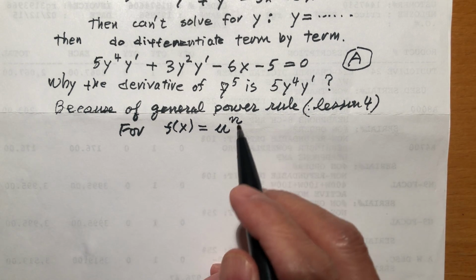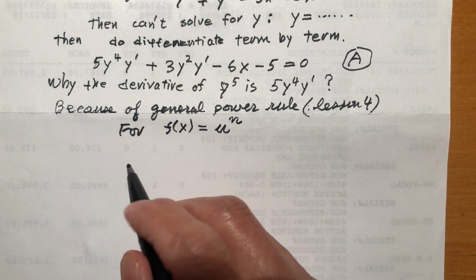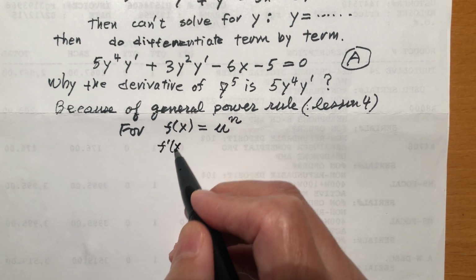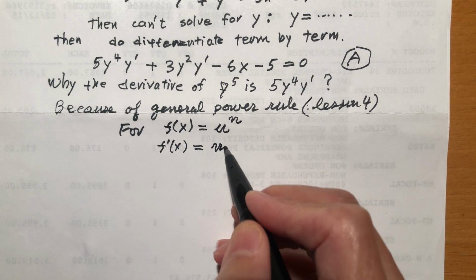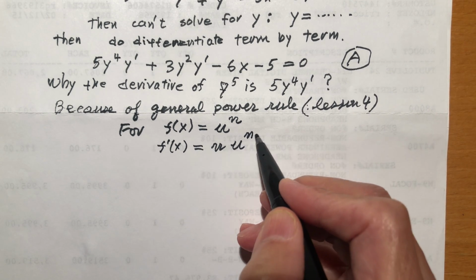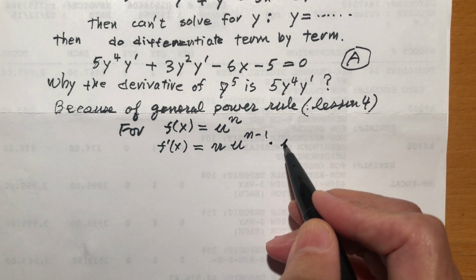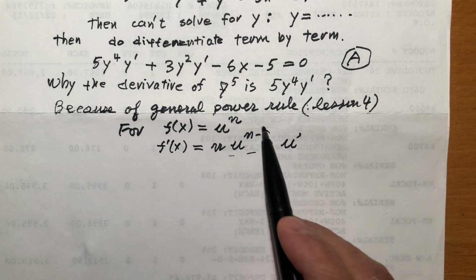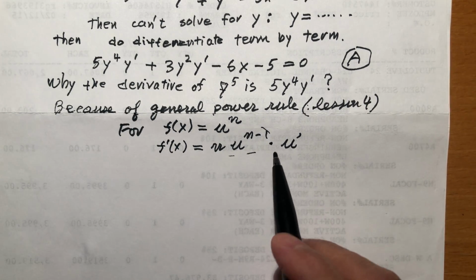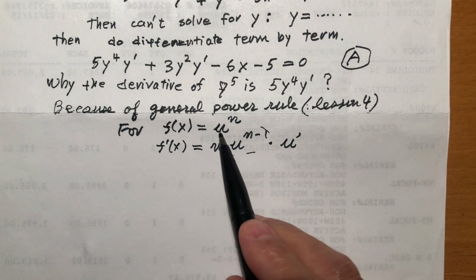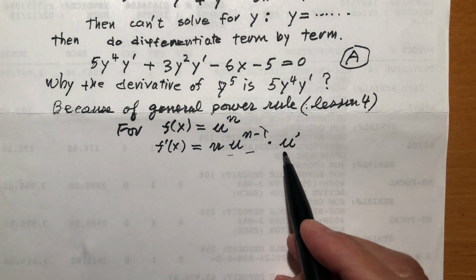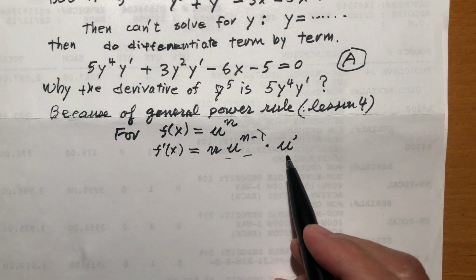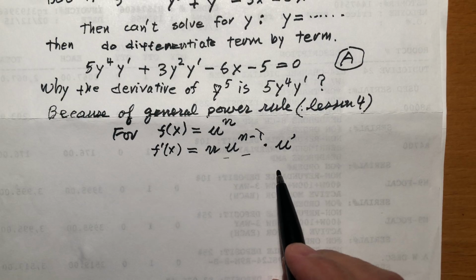So if the function is given in this form, then the derivative is n times u to the n minus 1, followed by the derivative of u. This part is the power rule. Actually, this is called a chain rule. Okay, this is our general power rule.